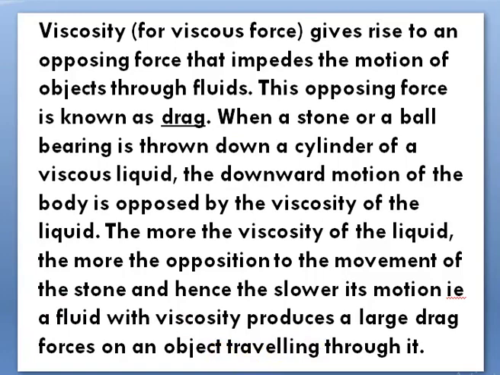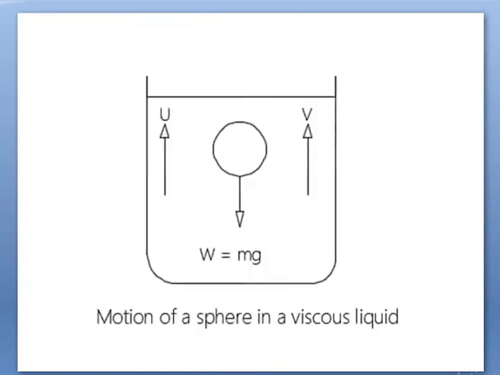Now, what are we talking about? We are talking about the motion of a sphere in a viscous liquid. Now, this is your cylinder, and inside this cylinder you have your viscous liquid, like your engine oil. Now, you drop a stone inside this engine oil.